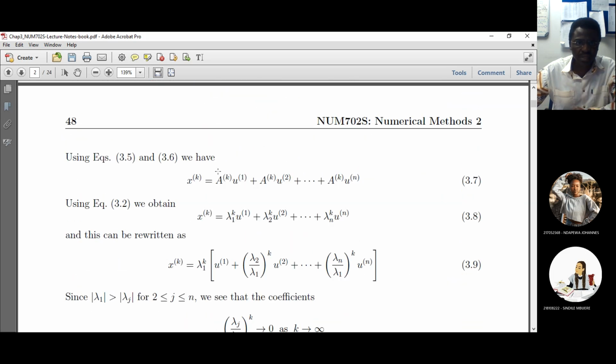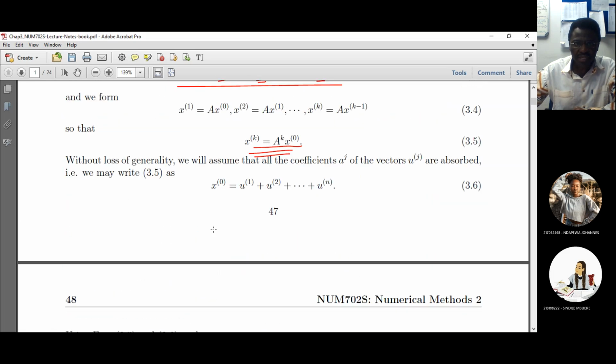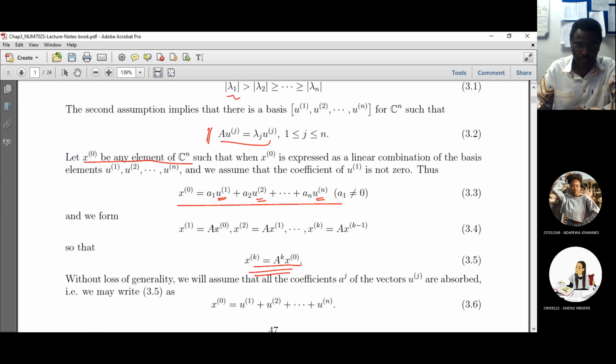Okay, actually, what I wanted to express is this one. But at this stage, if you look at this definition here, this can be written in this particular form. So the sequence, you can see that through this we construct a sequence, and you have A raised to the power of k.